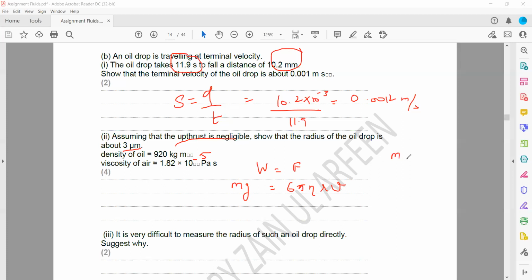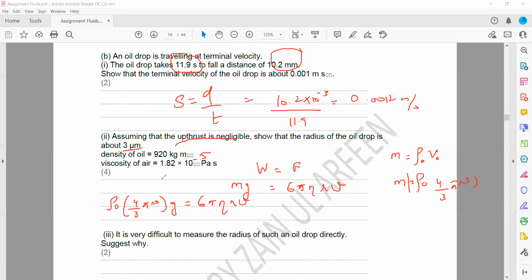So we can say mass is equal to density of the object multiplied by volume of the object, and it's a sphere, so the volume will be 4 by 3 pi r cubed. So in place of mass, I can write density multiplied by 4 by 3 pi r cubed, multiplied by gravity, is equal to 6 pi eta r v.